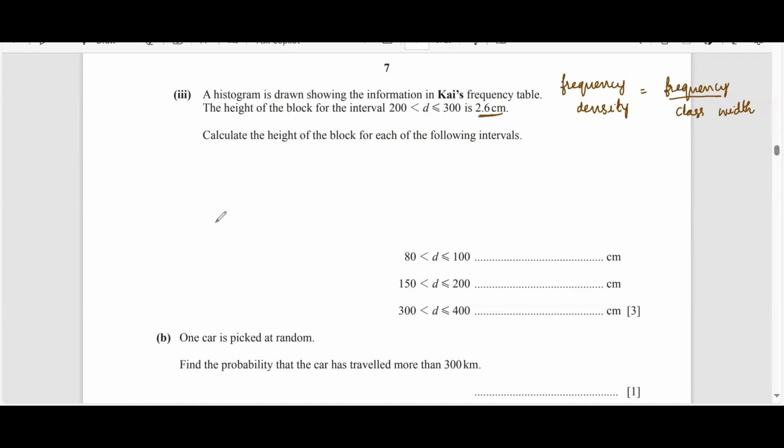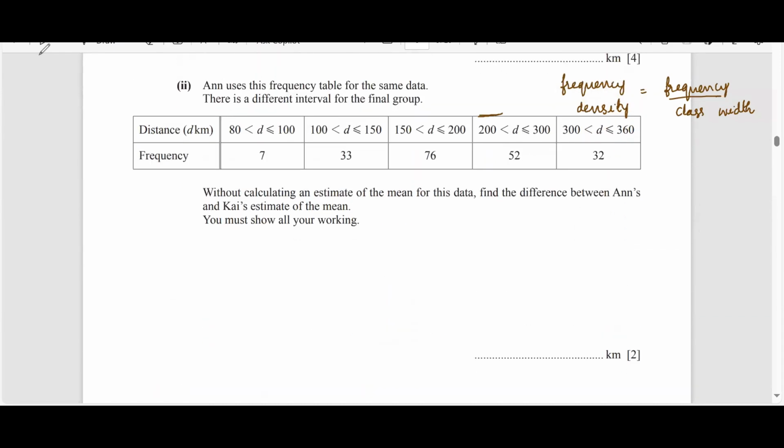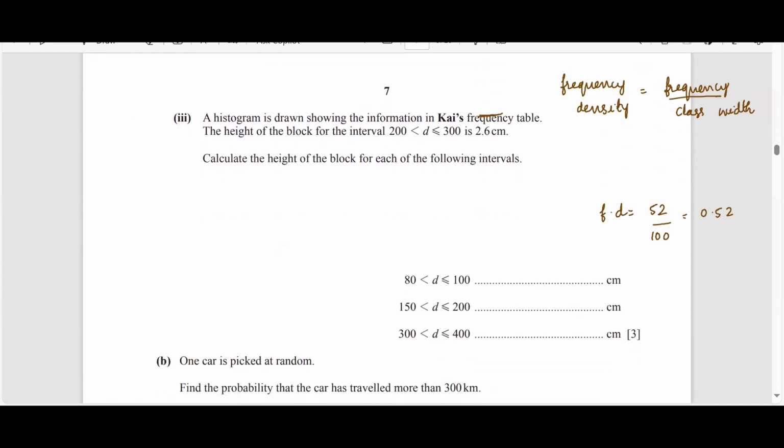So let's find the original frequency density according to Kai's frequency table. Between 200 and 300, the frequency is 52 and the class width is 100, so the frequency density is 0.52. 0.52 is the actual frequency density from Kai's frequency table, but this 0.52 is represented in the histogram as 2.6 centimeters.